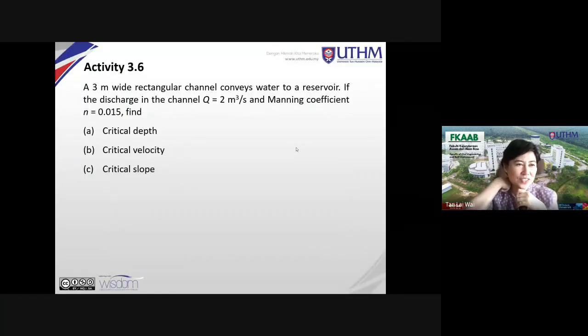We have activity 3.6. I'm just going to go through very fast because this is actually similar to activity 3.4. It is on a rectangular section, which is 3 meter wide. Discharge is provided, Manning coefficient is provided. So you need to find critical depth, velocity, and slope.